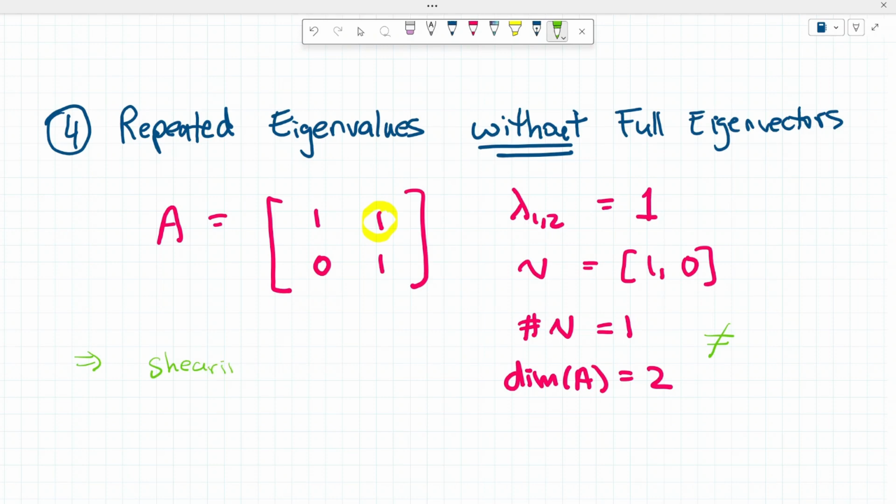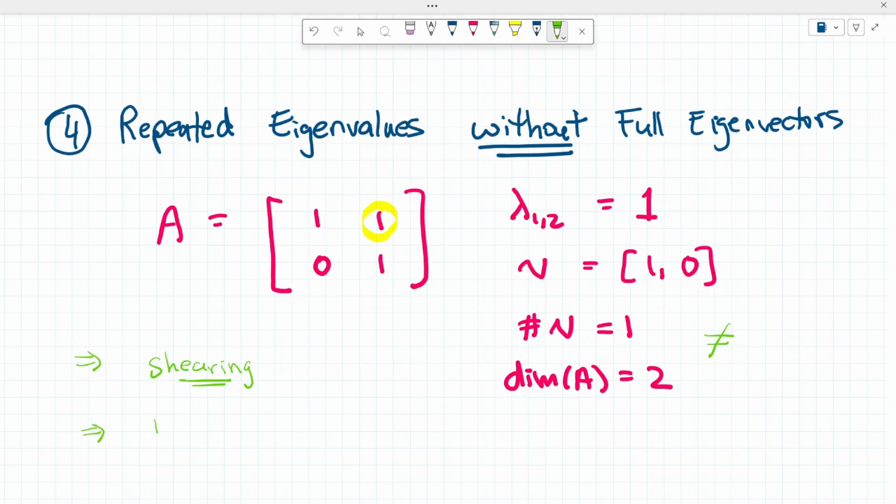So instead of having a stretch or compression along our eigenvectors, we have a shear. So what that means is that the matrix shears our points. So the x-axis remains fixed, but the y-coordinates are shifted proportionally to x. So this shape tilts instead of just scaling.